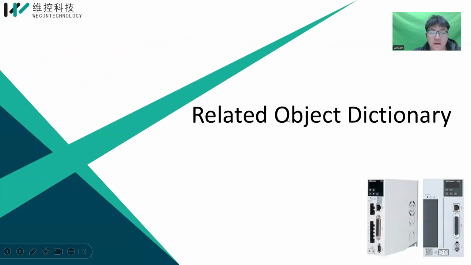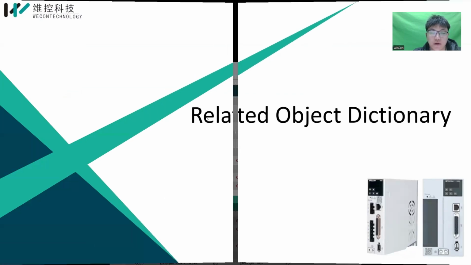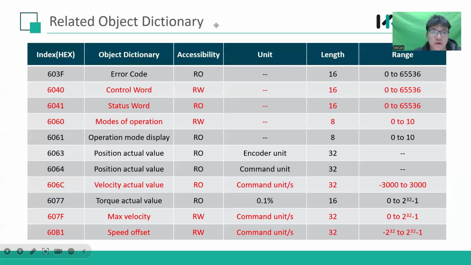So, some relative object dictionary. This table shows some relative object dictionary, and I have used red color to mark some important or widely used object dictionary in CSV mode.